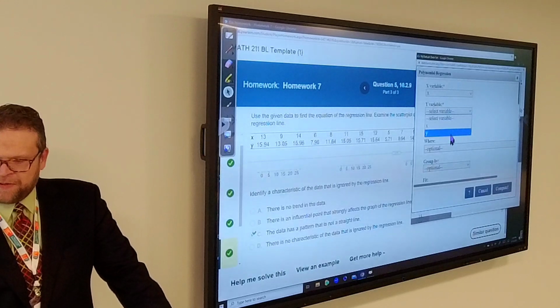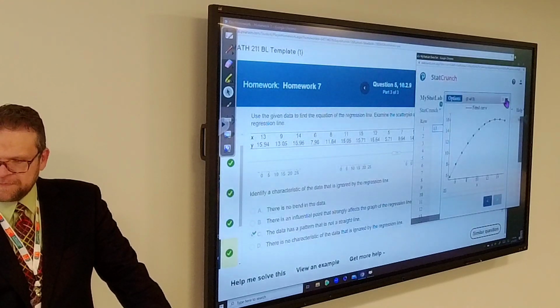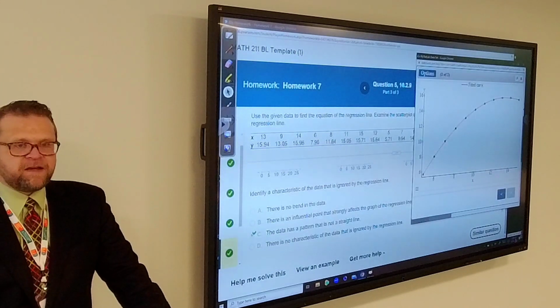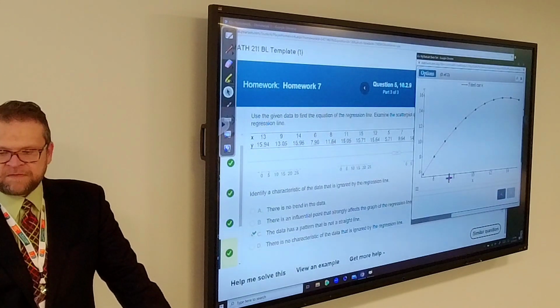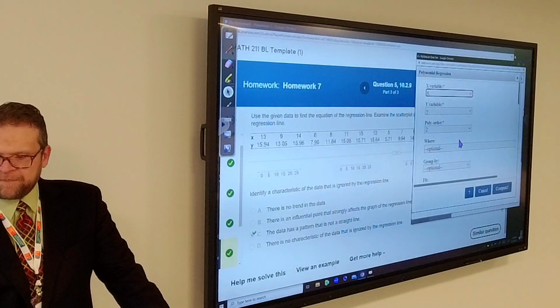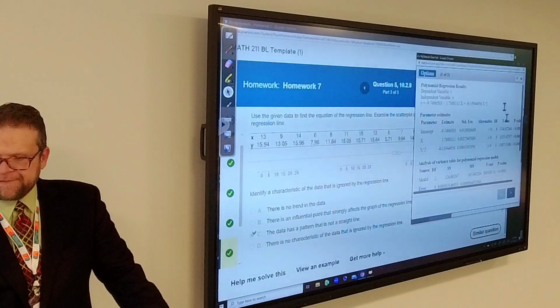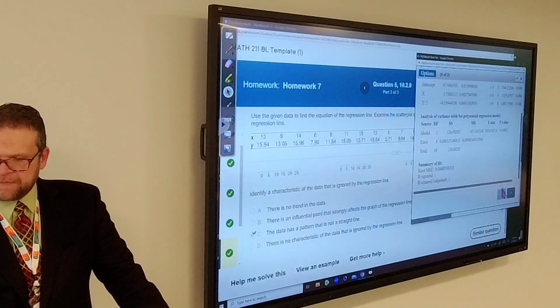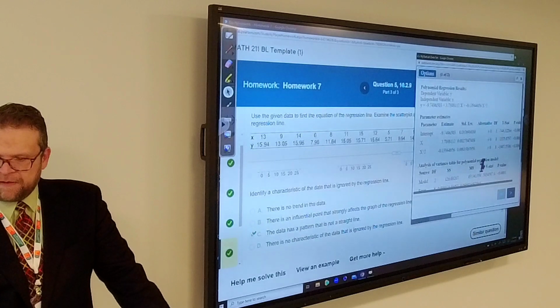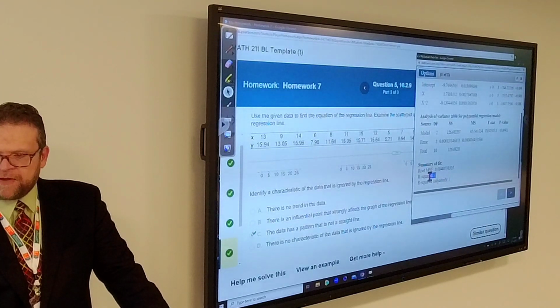In fact, if I just go and pick polynomial regression, it's exact, isn't it? And look at this R value.